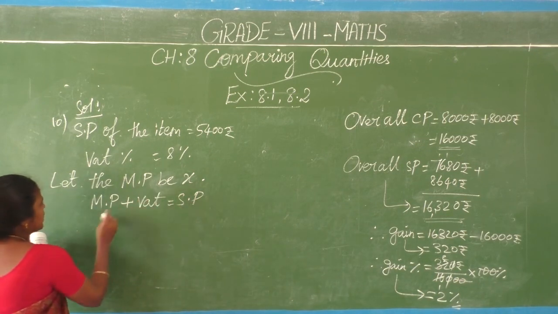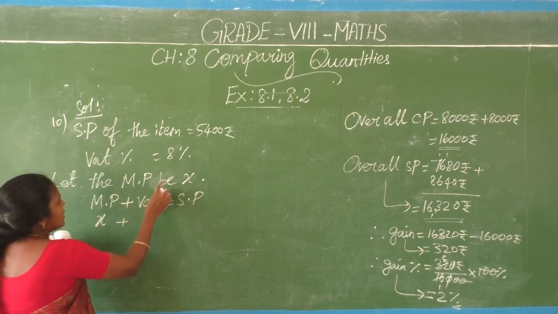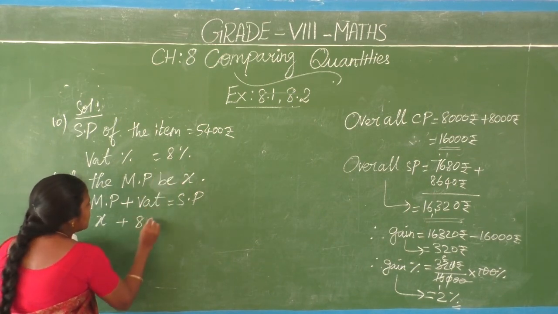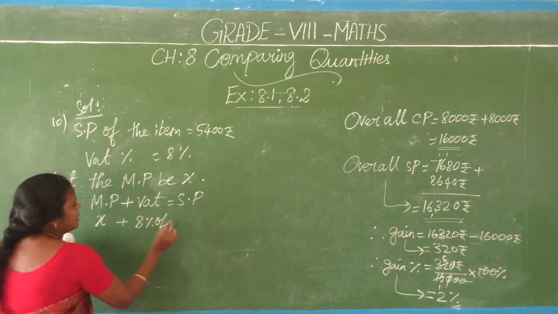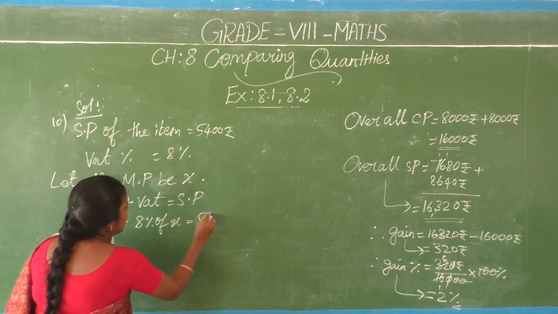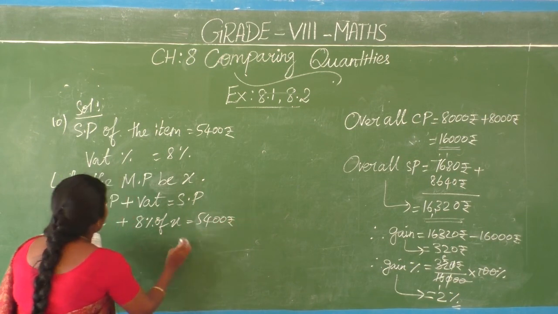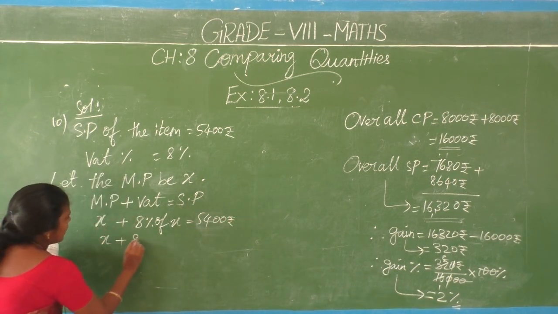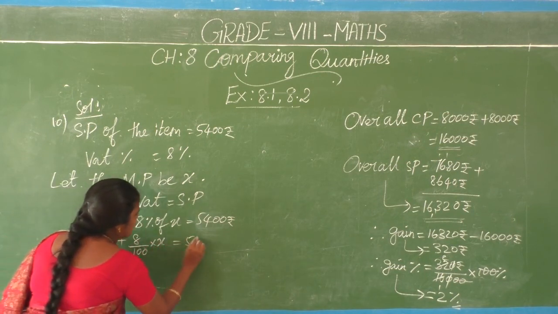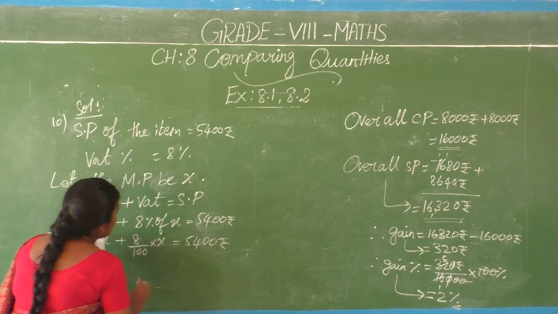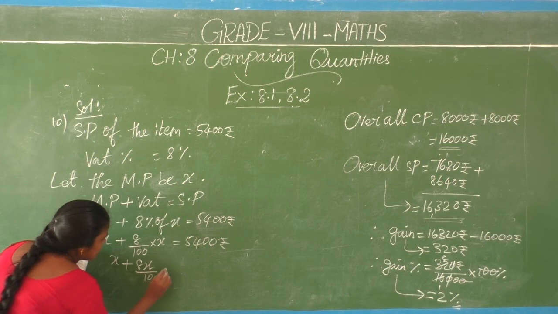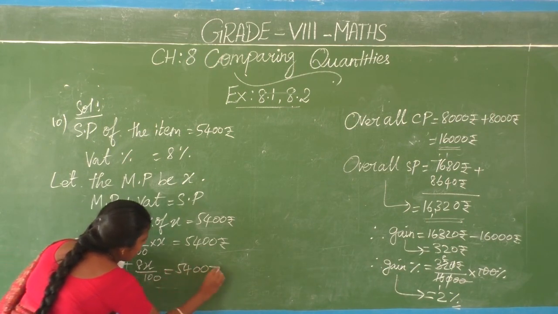For the marked price I considered X. This VAT is mentioned in percentage, so the amount is 8% of the marked price X. X plus 8 by 100 into X is equal to 5,400. Simplify this: X plus 8X by 100 is equal to 5,400 rupees.